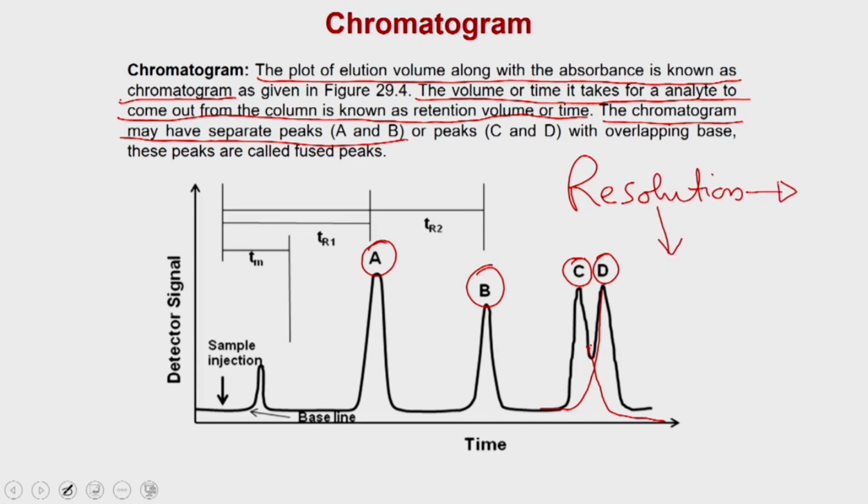One is the distance between the two peaks, which means the peaks A and B, so it is dependent on the delta t, the distance between the two peaks, whereas the resolution is also dependent on the average width of the two neighboring peaks.